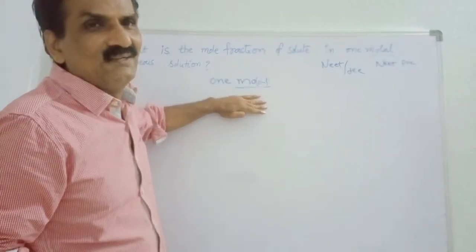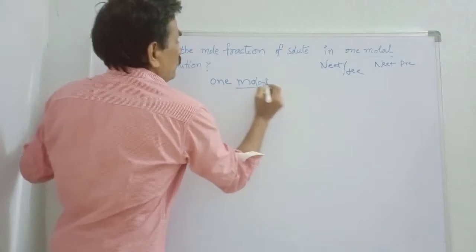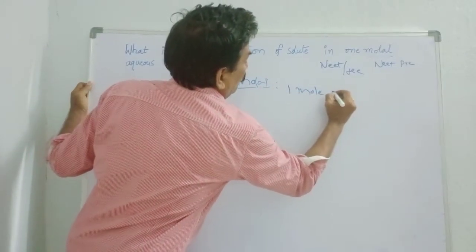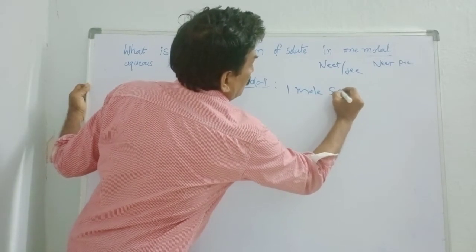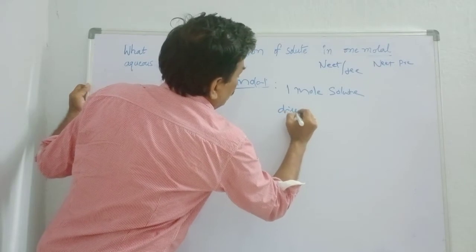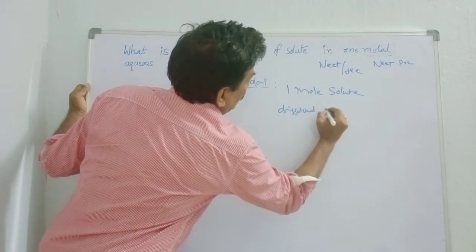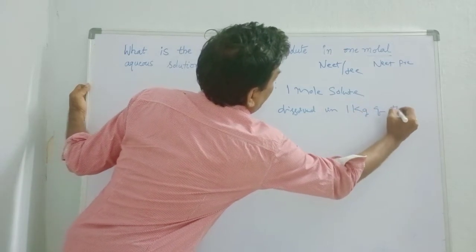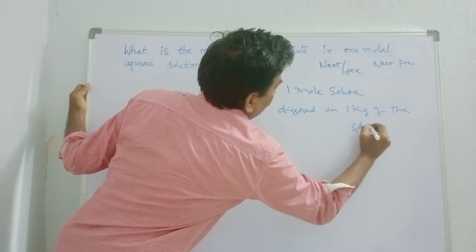Please note it. What is 1 molal solution? 1 molal means 1 mole solute dissolved in 1 kg of the solvent.